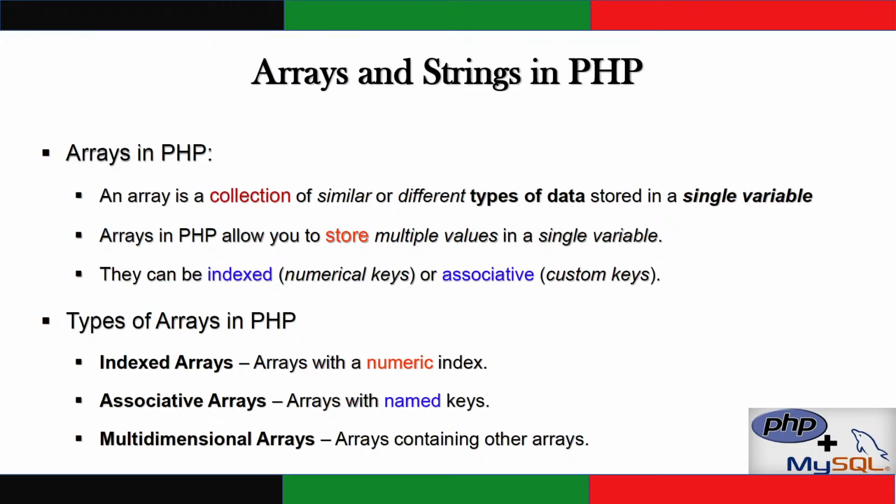Now, if we want to hold more than one data item at a time, then arrays are our good friends. Arrays can store one or more data items at a time in that single memory store. So an array is a collection of similar or different data types stored in a single variable.